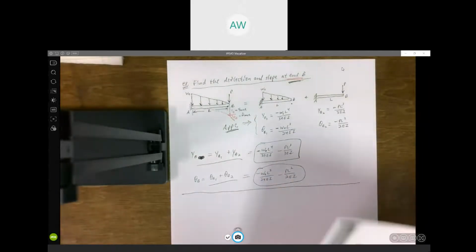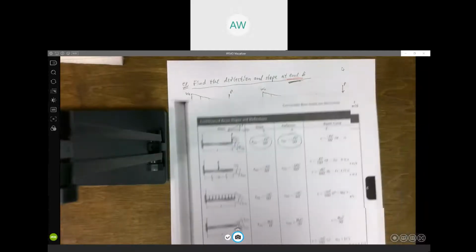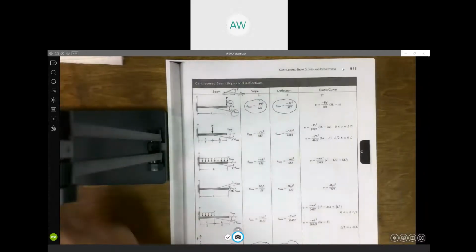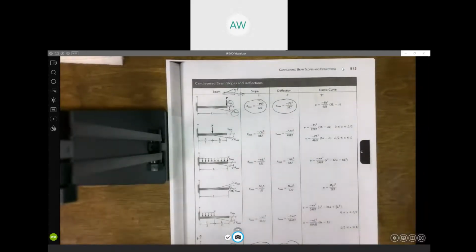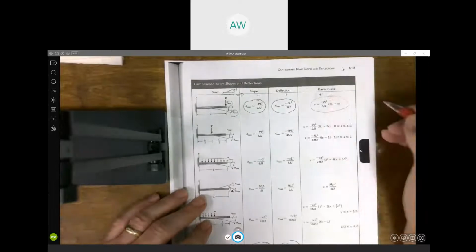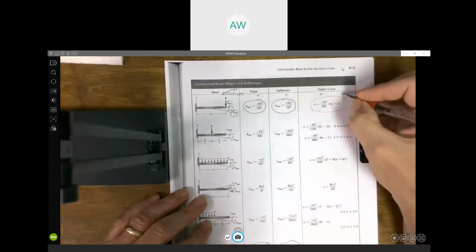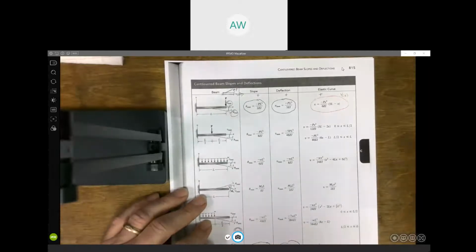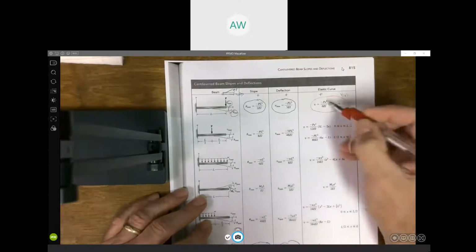If it had just asked for, say, the equation of the elastic curve instead of the deflection at end B, then we would have used this equation, which would give us the deflection for any x.